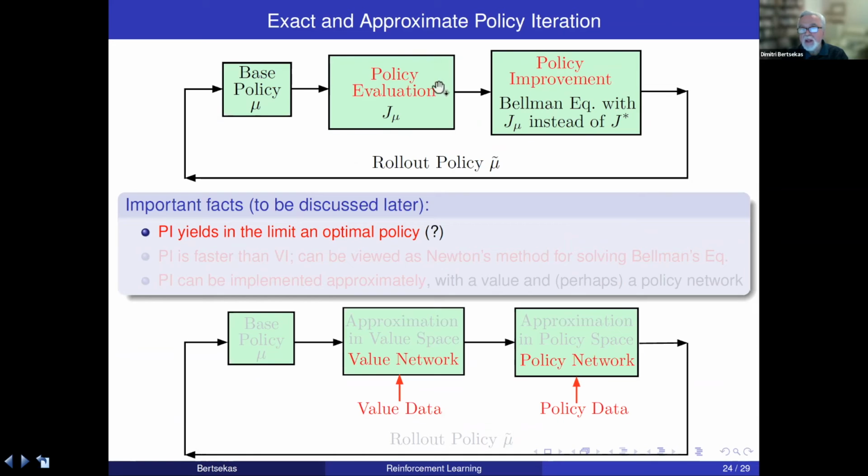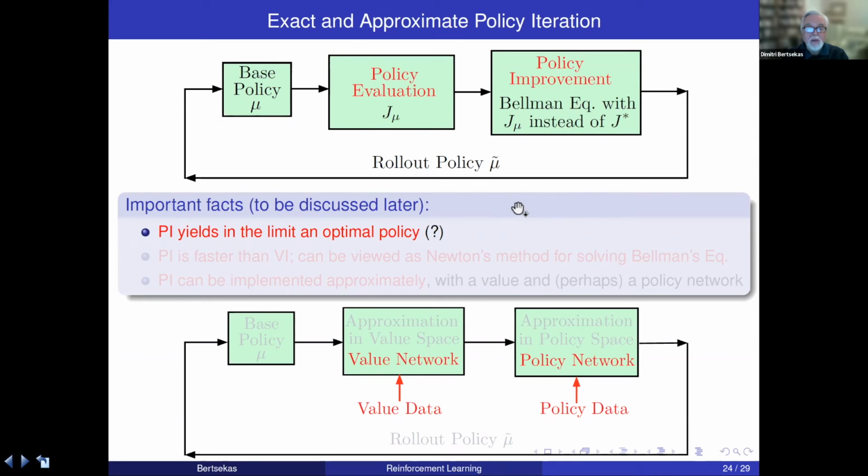We evaluate it by any of the number of methods that we discussed to get J mu, its cost function. And then we do a policy improvement to obtain the rollout policy. And then we repeat with the rollout policy in place of the base policy. That's the algorithm. Like I said, it's very time consuming.